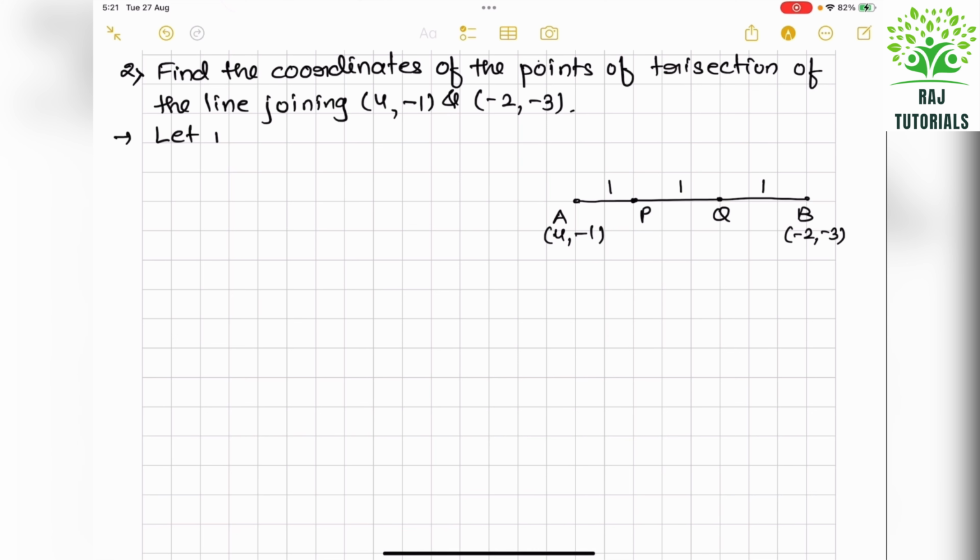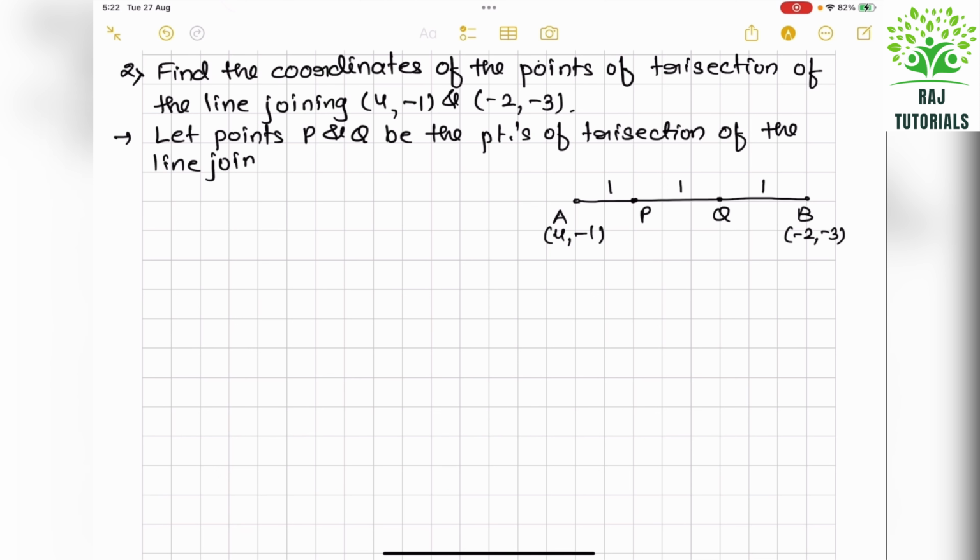Let points P and Q be the points of trisection of the line joining A(4, minus 1) and B(minus 2, minus 3).